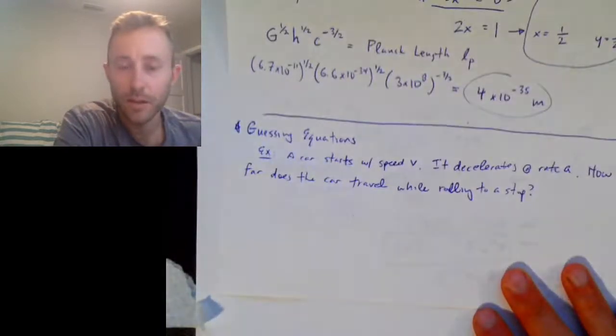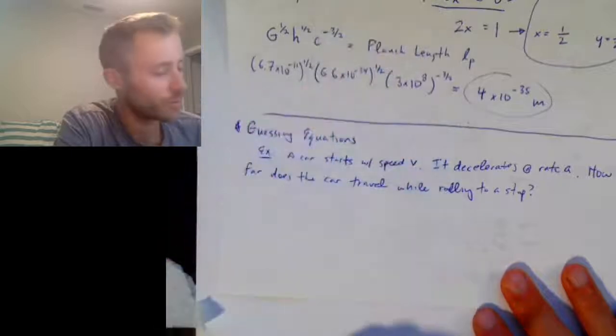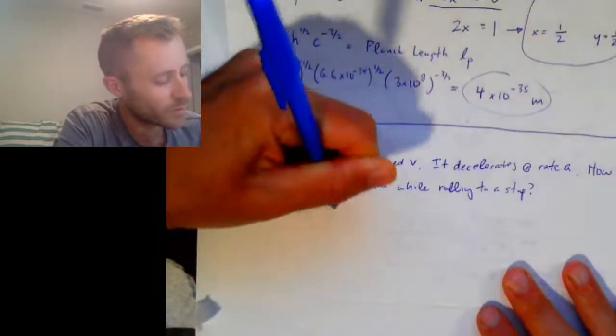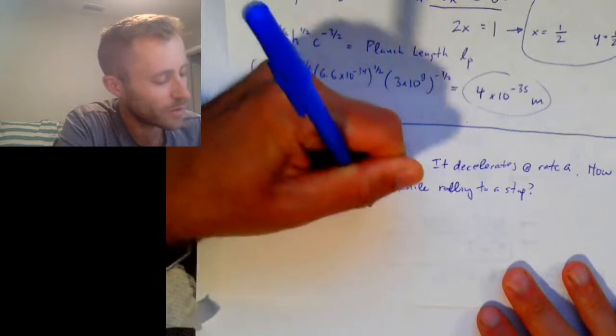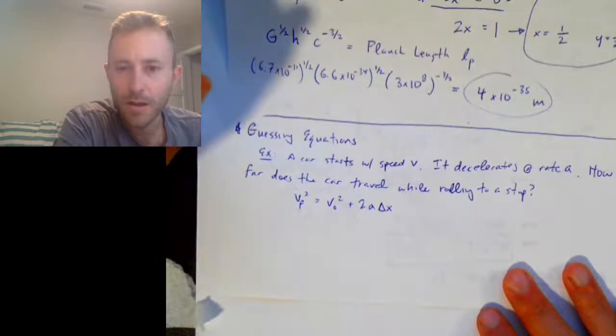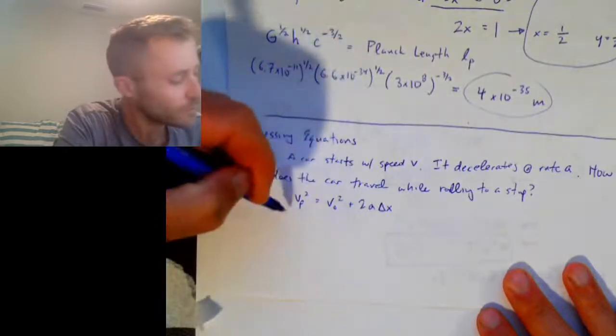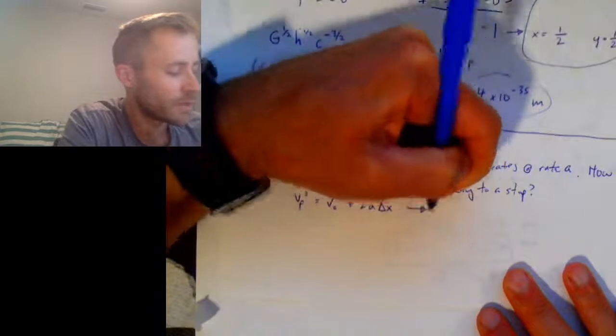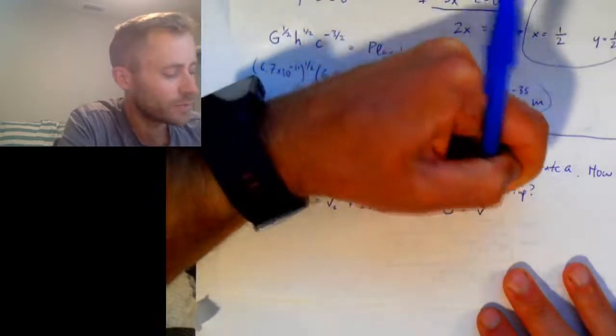If we were going to do this with kinematics, we have this equation: v final squared equals v initial squared plus 2a delta x. We know that v final is 0. V initial is v.